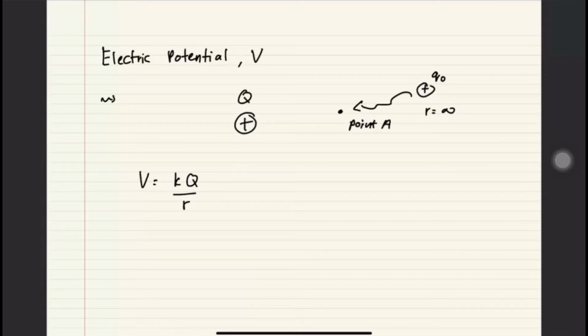So V here is inversely proportional to r. At a certain point, you have a certain V. If I move closer, I will have a different V. So let's say this is my VA and this will be my VB, because you have a different r. Different r will produce a different V.